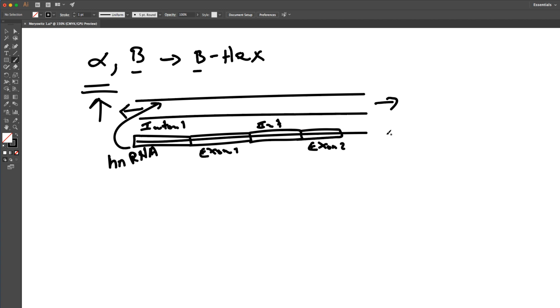And when the RNA is spliced, these intervening sequences get removed and the exons are spliced together so that you have exon 1, 2, 3, and so on. And then ultimately a poly A tail is added to the RNA, and there's a 5' cap.